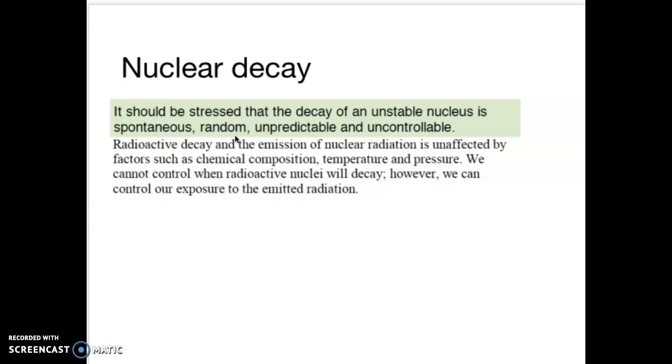But when we use the word random, we're referring to individual nuclei. You cannot predict when an individual atom will emit an emission. You can make generalizations about a large mass of a radioactive substance. You can say how long it's going to take for half of it to stop being radioactive. But you cannot predict the behavior of one atom.